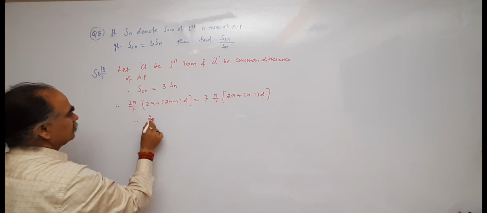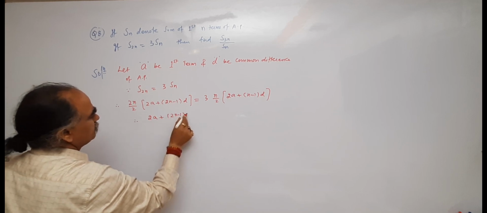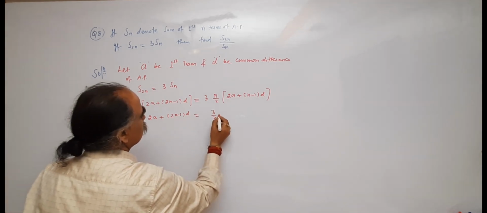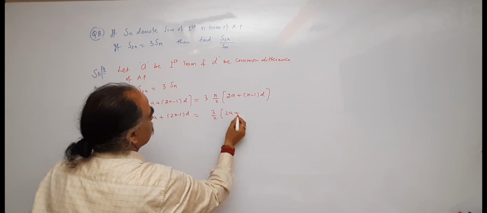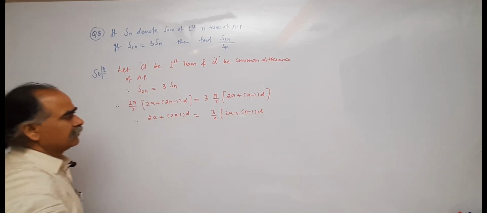So we'll get 2a plus 2n minus 1 into D is equal to 3 by 2 into 2a plus n minus 1 into D.